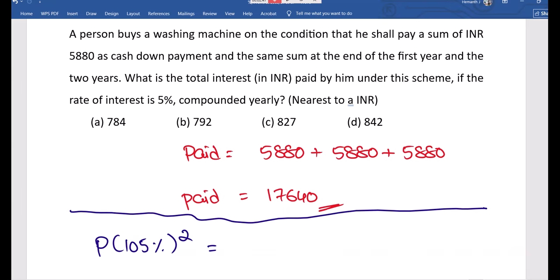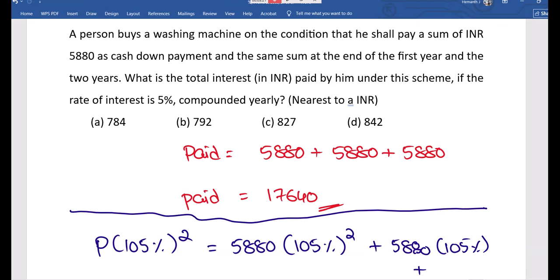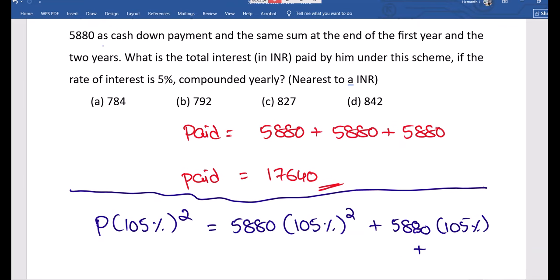The 5,880 you pay on day one is with them for 2 years at 5%. So 5,880 into 105% whole square, plus the 5,880 paid at the end of the first year, which is with them for 1 year, into 105%. Then the last one you pay and the payment is closed.